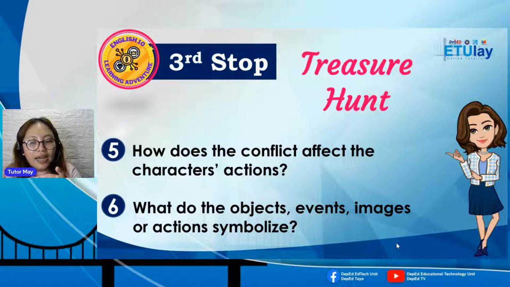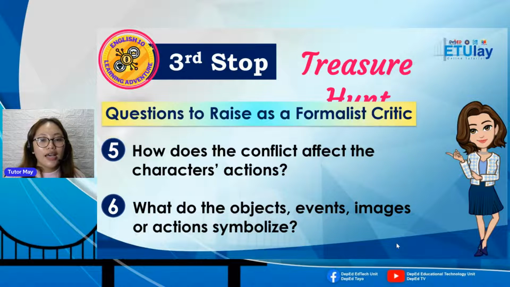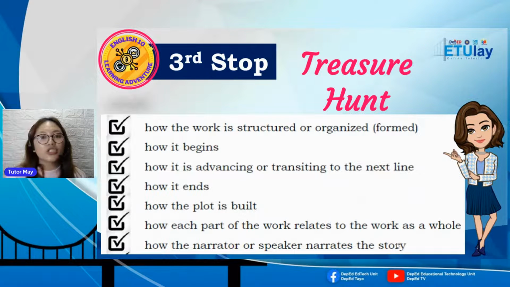So yung mga imagery na yon, it has meaning. Hindi siya nandoon just to describe. Siyempre, the author would be using words because they have importance. Merong symbolic meaning. And that is being studied under a formalist approach. Okay?